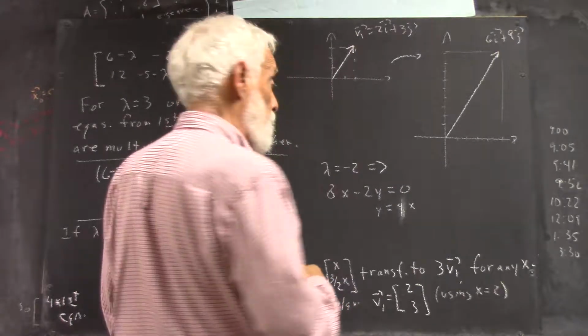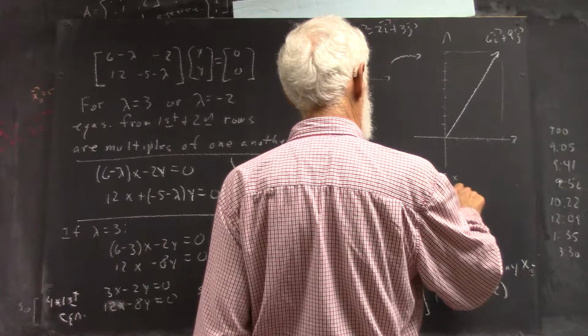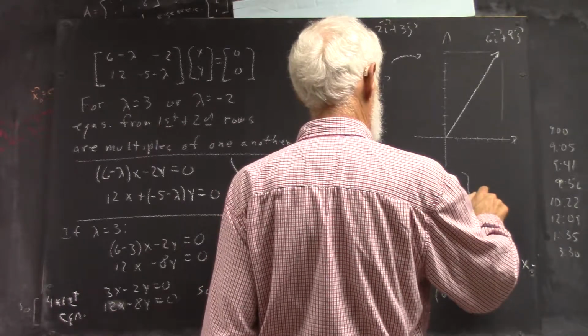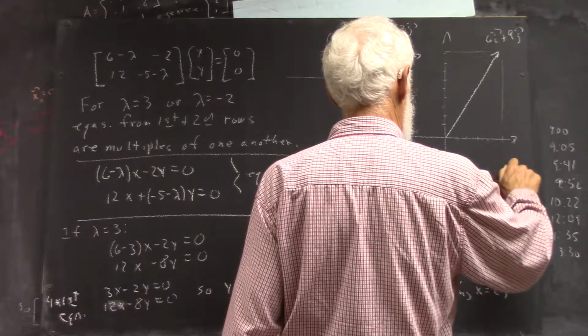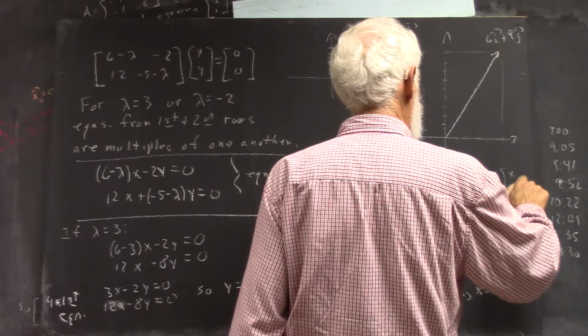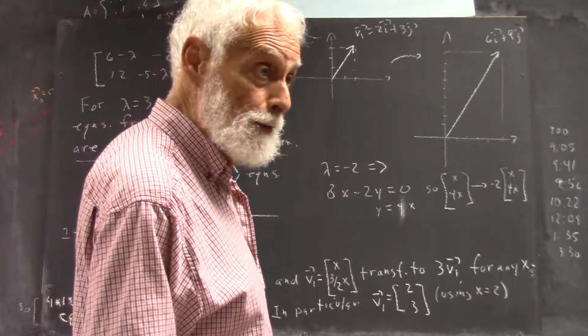So x, 4x would map to negative 2 times x, 4x. Should that be negative 4?